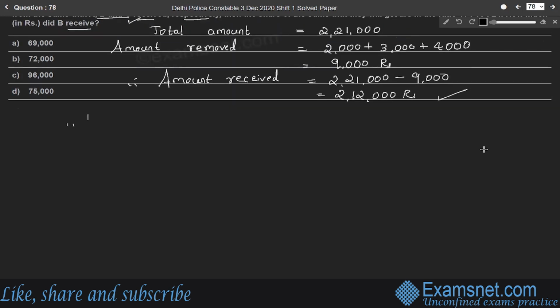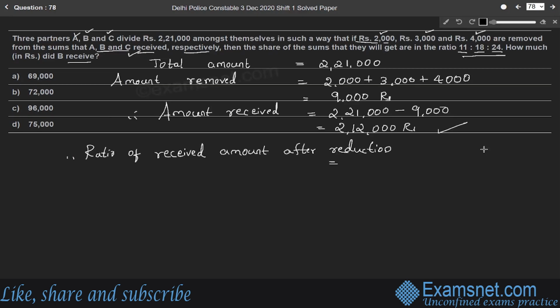Therefore, ratio of received amount after reduction is equal to 11 is to 18 is to 24.